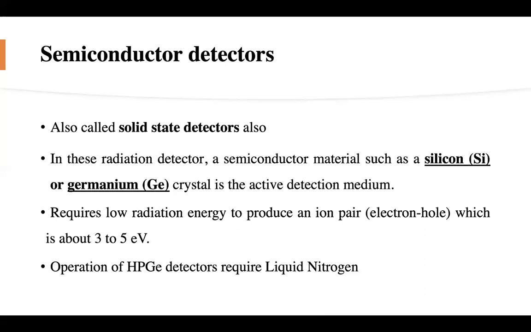So because of density, when we talk about sensitivity, the required energy is low. Here the required energy to produce ionization is very low, 3 to 5, while in a gas detector we need 35 electron volt to produce the ion pair.